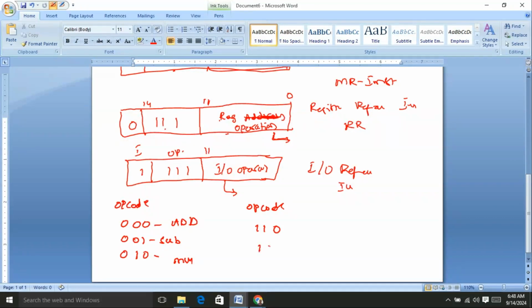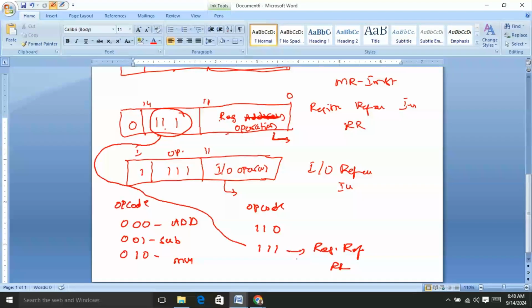Suppose the opcode value is 111, here we observe that this is known as the register reference instruction, RR instructions.